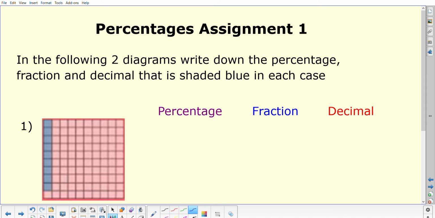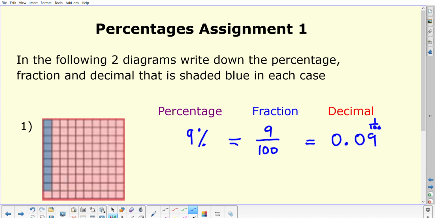This was a previous assignment question. We can clearly see we've got 9 blue shaded boxes, so that would be 9%. If you're asked to write that as a fraction, you would say 9% equals 9 over 100, and if you're also asked to write it as a decimal, that would be 0.09, where the 9 would be in the hundredths column.